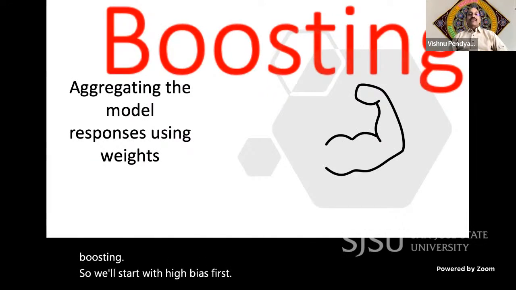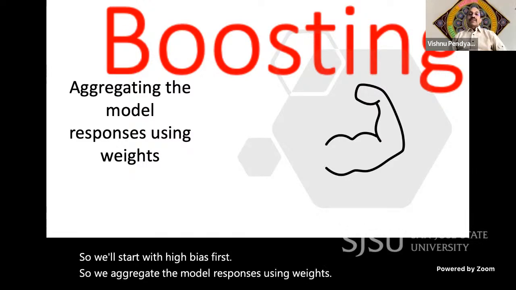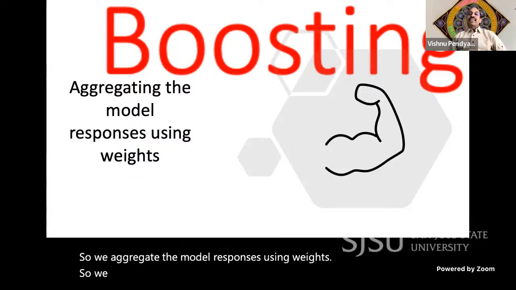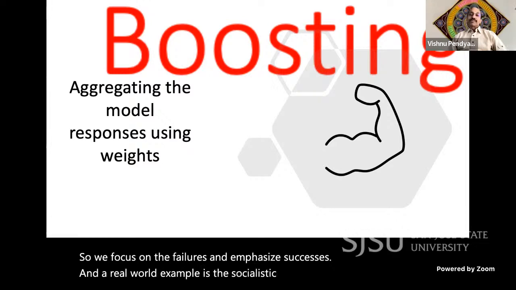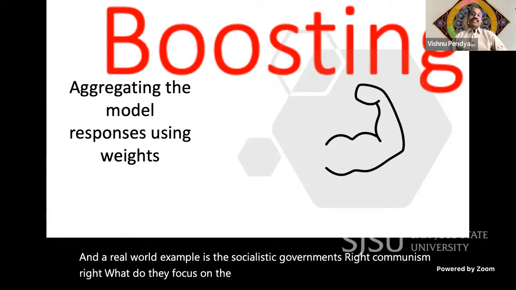So we aggregate the model responses using weights. So we focus on the failures and de-emphasize successes. And a real world example is the socialistic governments, right? Communism, right? They focus on the citizens having difficulties.